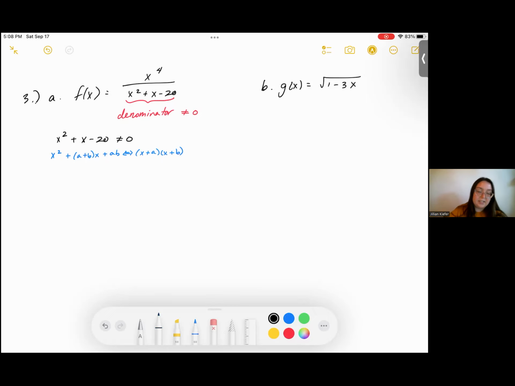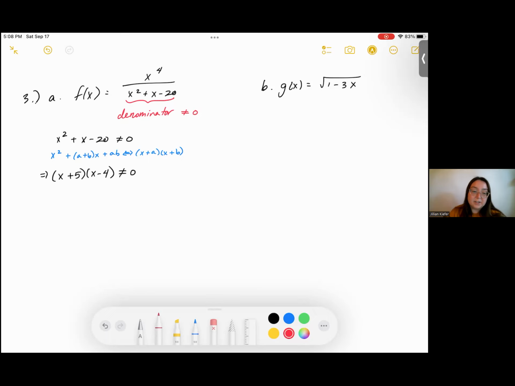So if we take a second to think about this, two numbers that add to positive 1 and multiply to negative 20, those two values are going to be positive 5 and negative 4. So this will factor into (x plus 5) times (x minus 4), and our statement here still does not equal 0.